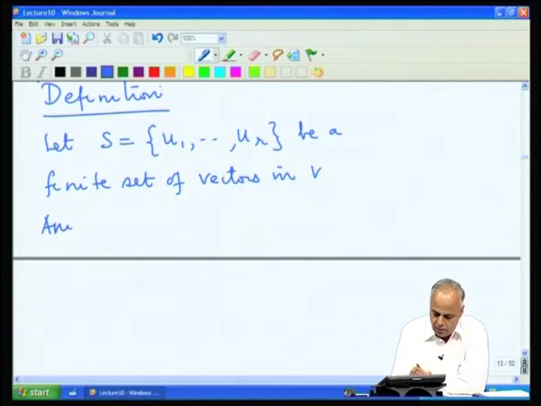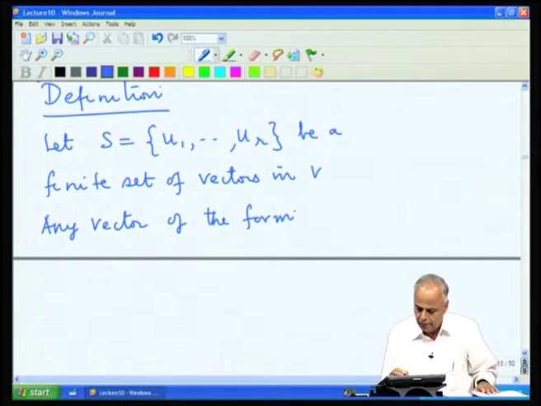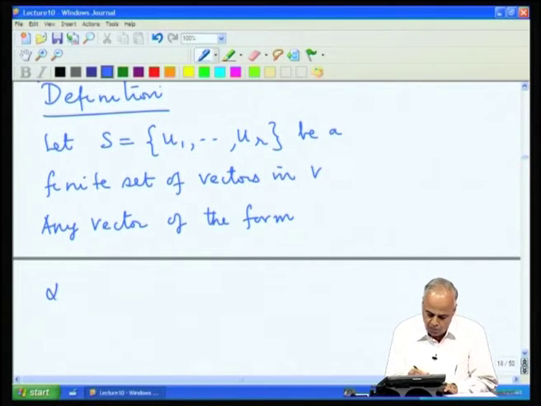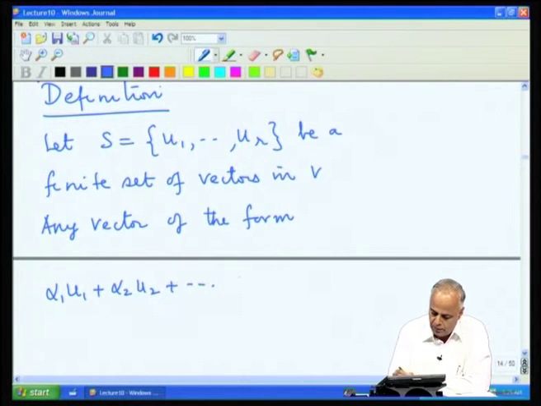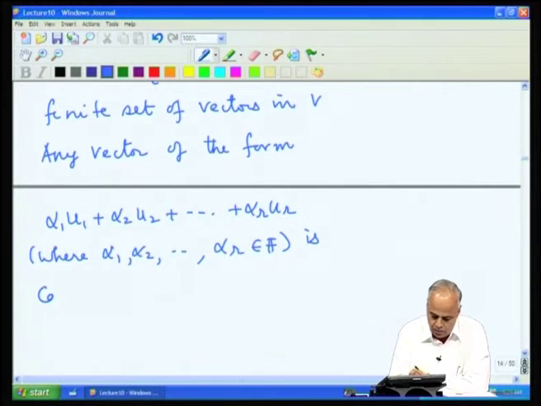Any vector of the form alpha 1 u1 plus alpha 2 u2 plus etcetera alpha r ur, where alpha 1, alpha 2, ..., alpha r belong to F, is called a linear combination.